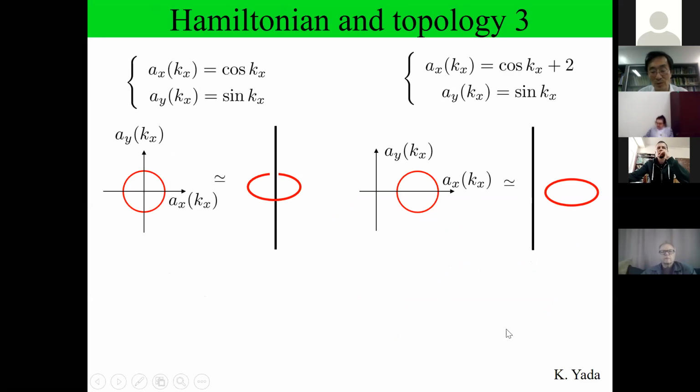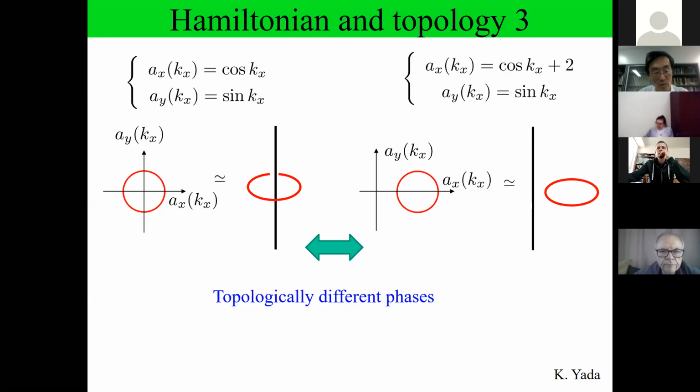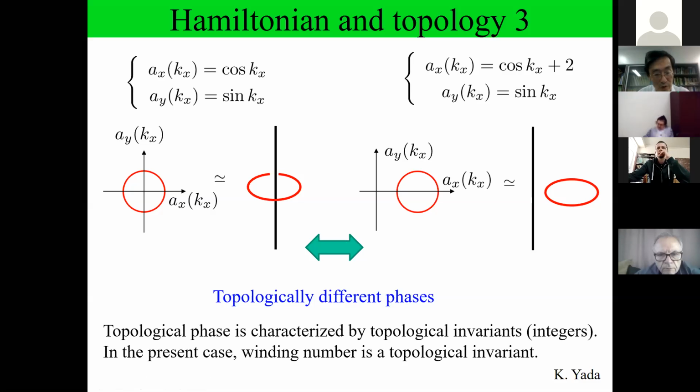So they are different from each other, and we can distinguish between these two as topologically different phases. This is a very simple explanation of how to understand topology in condensed matter physics. A topological phase is characterized by a topological invariant. In the present case, the winding number is a topological invariant.